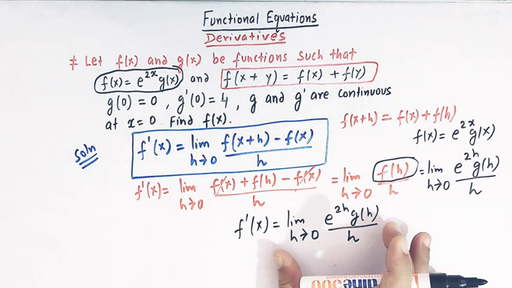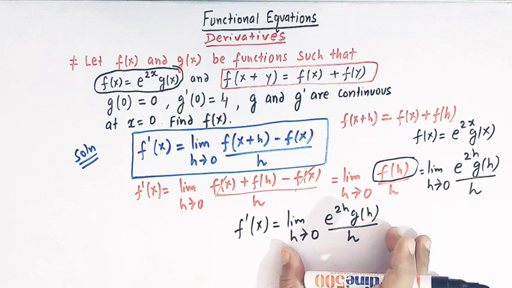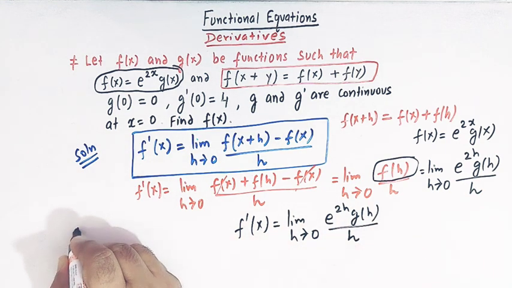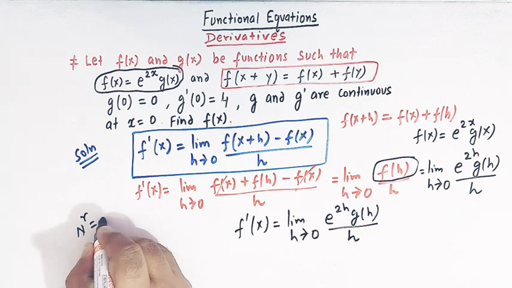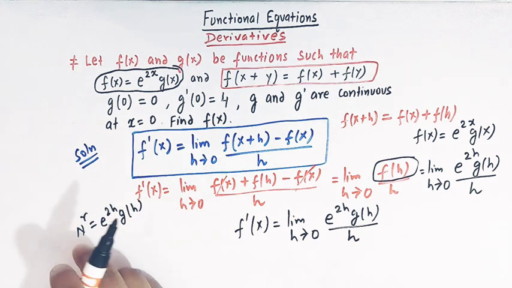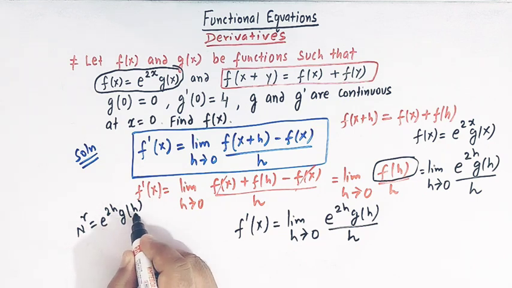So now in order to calculate this limit, we'll take help of L'Hopital's rule. Now see, here the numerator is e raised to 2h g of h.